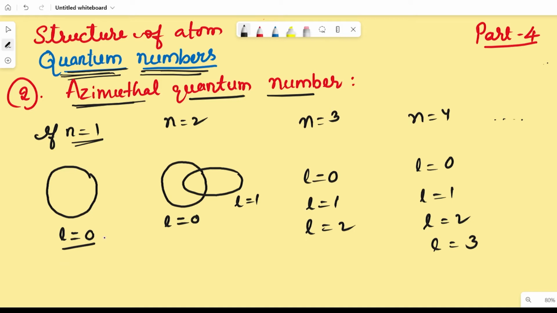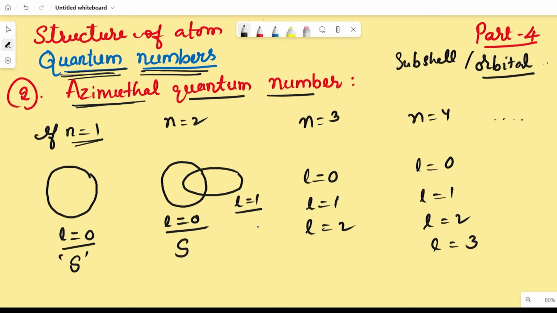So this is called an orbit, subshell or orbital. I will explain the difference between orbit and orbital, okay? So for L is equal to 0, it indicates the S orbital. For L is equal to 1, the P orbital.